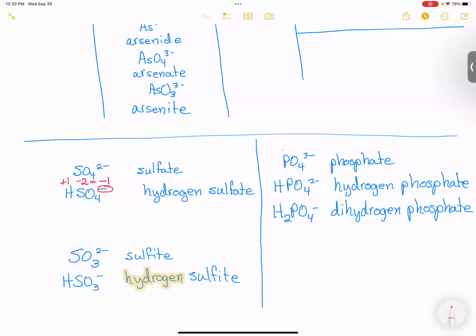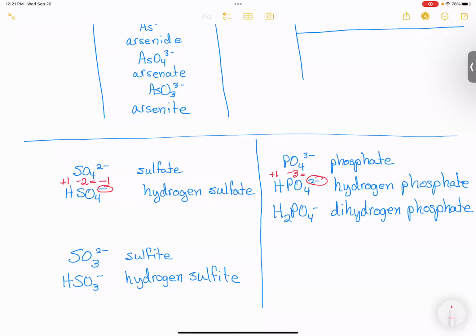If hydrogen is a +1 and phosphate is a -3, when you add them together, you get a -2, and that's where that charge comes from. So in other words, you shouldn't have to memorize hydrogen phosphate.